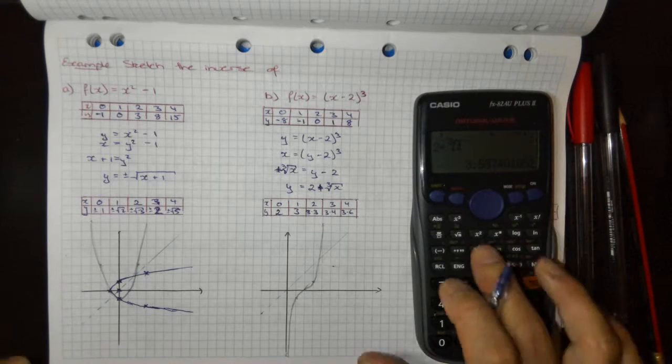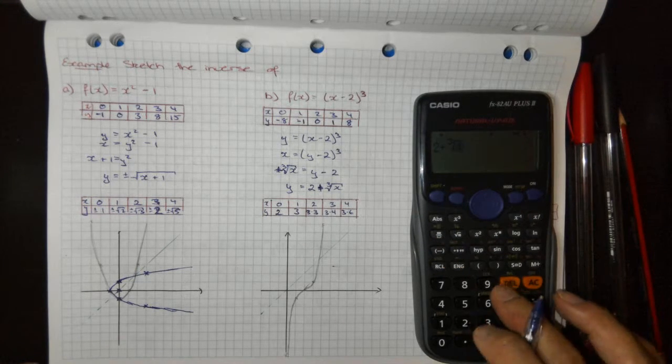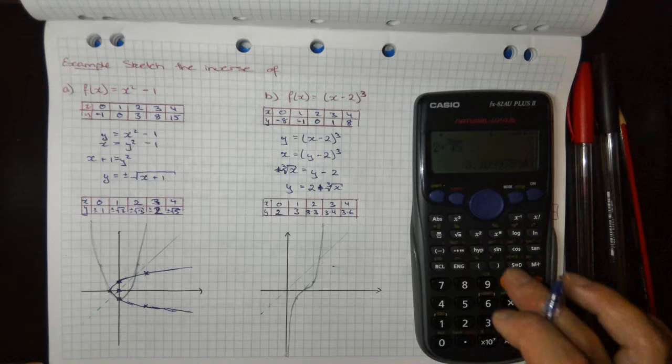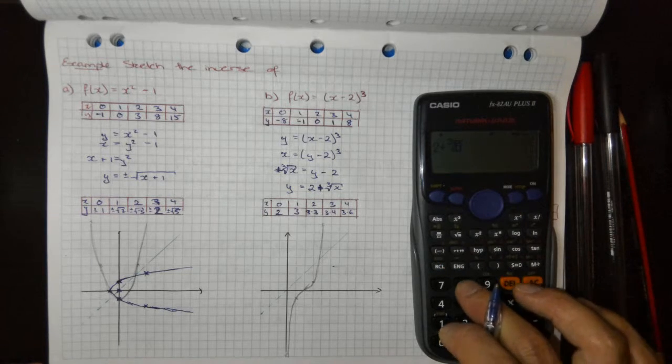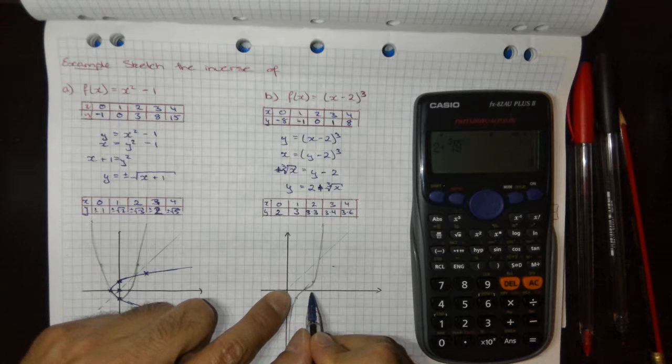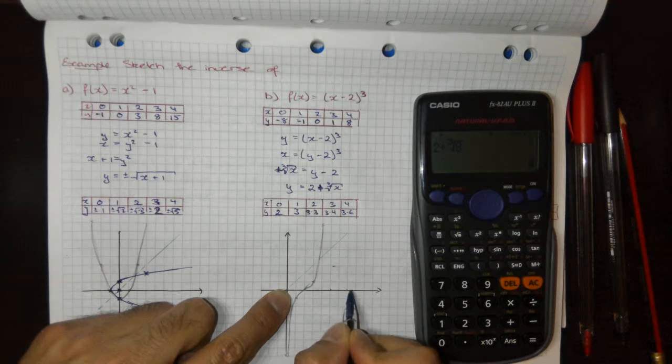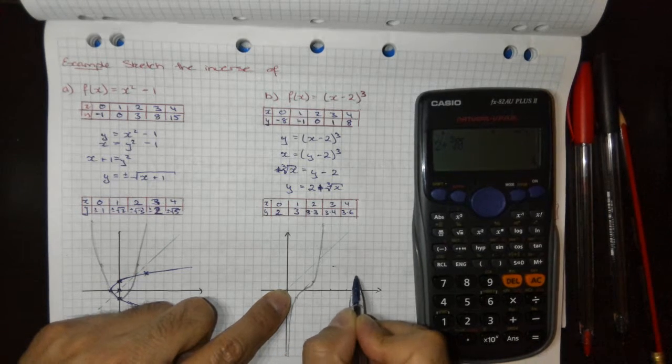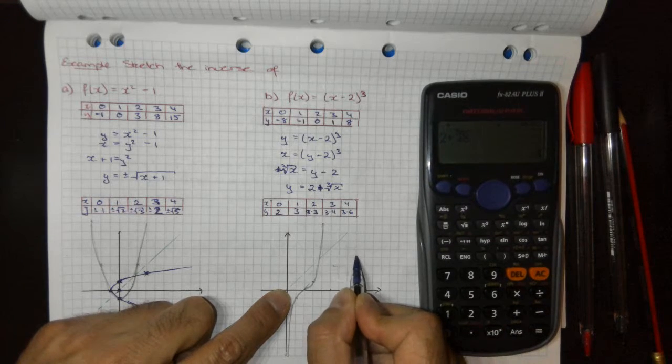And obviously if we went up, the next one would be 8, which will give us 6. So 1, 2, 3, 4, 5, 6, 7, 8, and 1, 2, 3, 4.